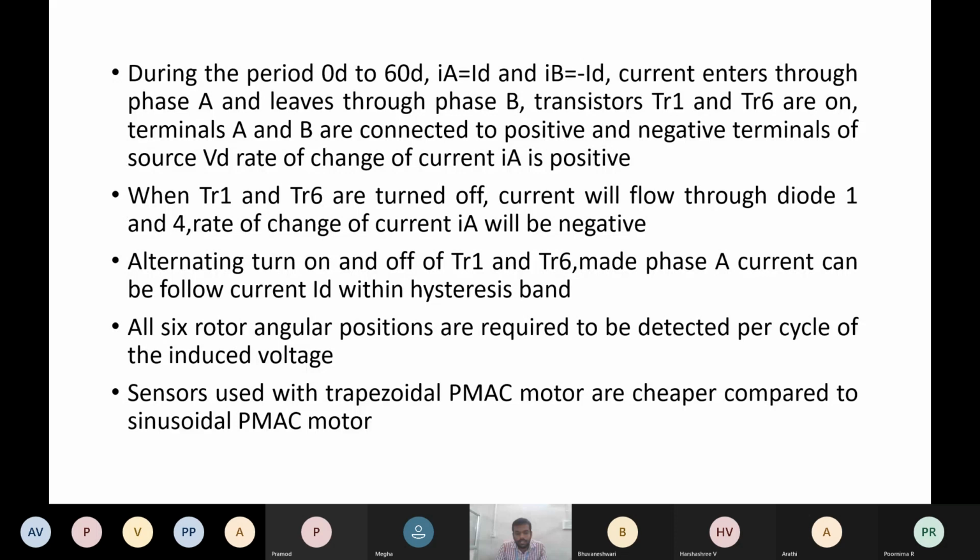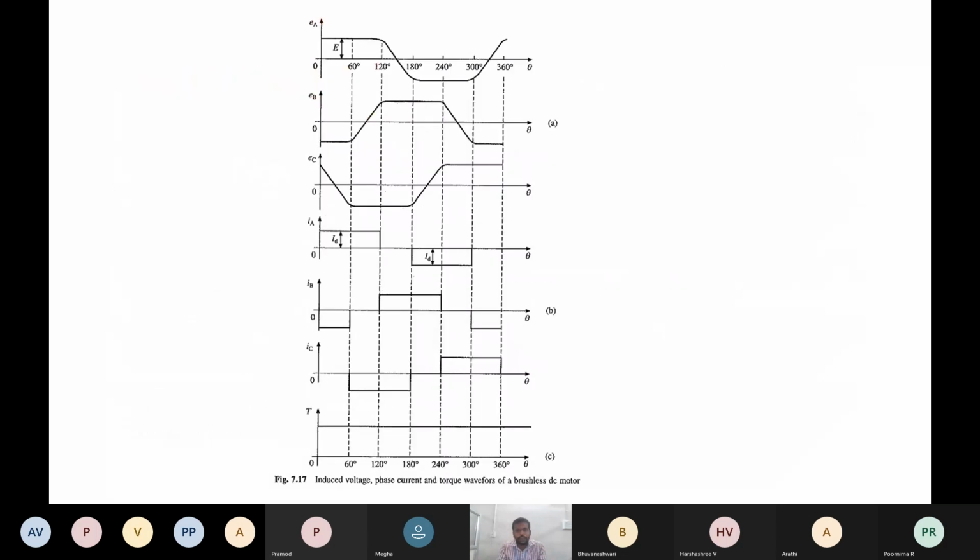The sensors used in trapezoidal PMAC motors are cheaper compared to the sensors used in sinusoidal PMAC motors. So that's the thing about brushless DC motor applications with servo motor applications.